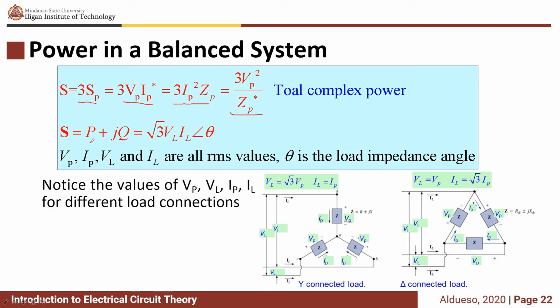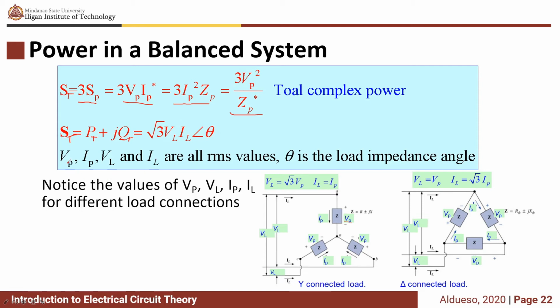Or we have the total complex power, which is equivalent to P total plus j Q total. This is equivalent to the square root of 3 times the magnitude of VL times IL with angle of theta.